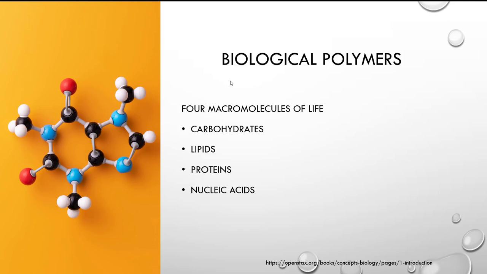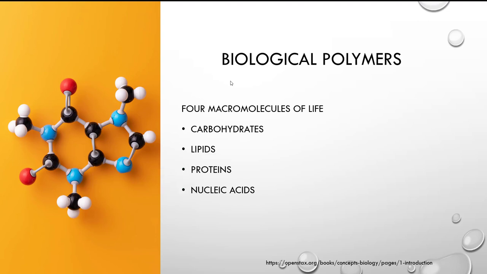So let's start out by looking at the biological polymers. Those 4 major macromolecules of life are as follows: the carbohydrates, so think of sugars; the lipids, so think of fats; the proteins; and then the nucleic acids. When you think of nucleic acids, think of DNA, genetic information.